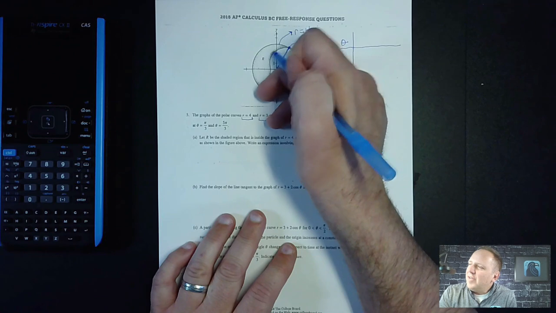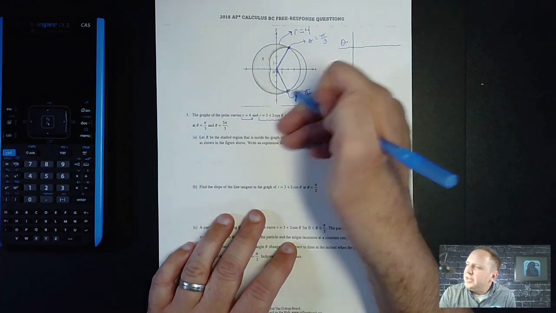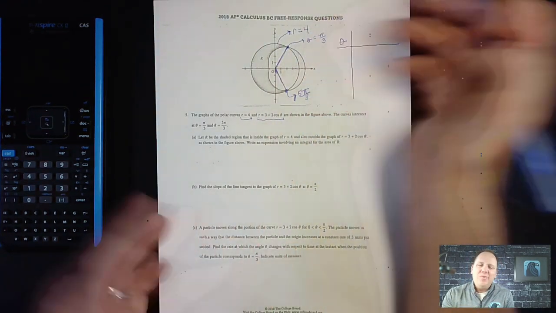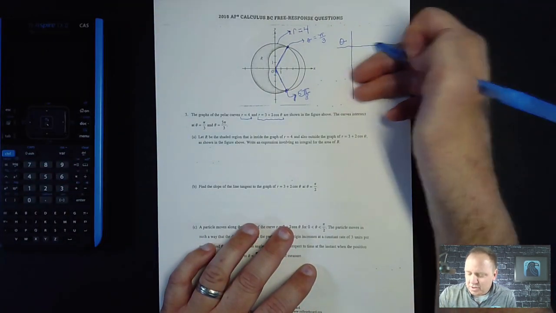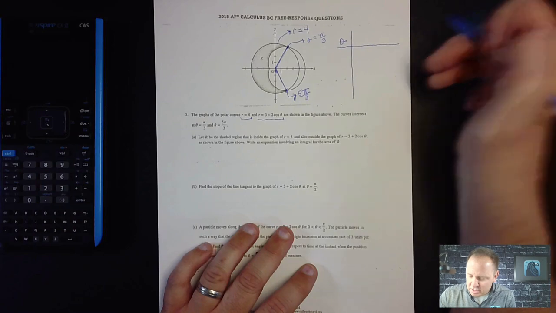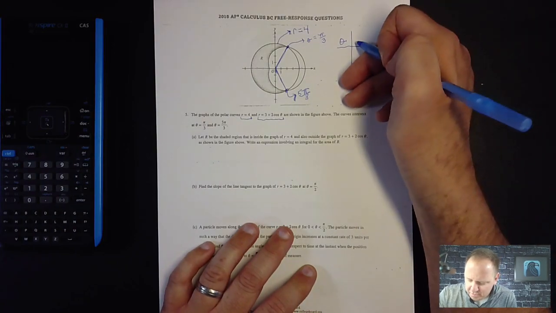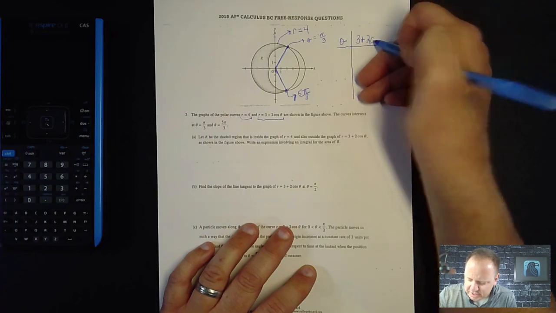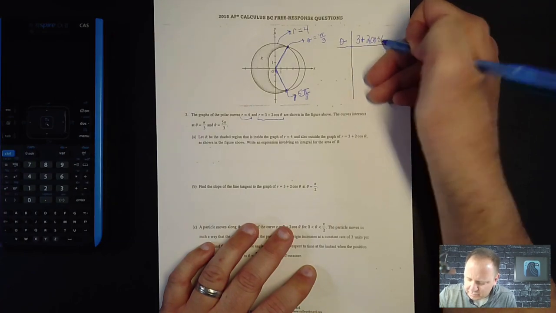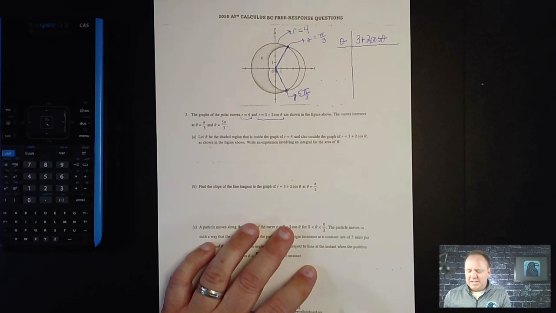We need to figure out this dimpled situation here on this curve, and I can't remember what these curves are called, but there is a whole library of these things that you could look up and search for. But let's put the 3 plus 2 cosine theta here. So that's the other curve.